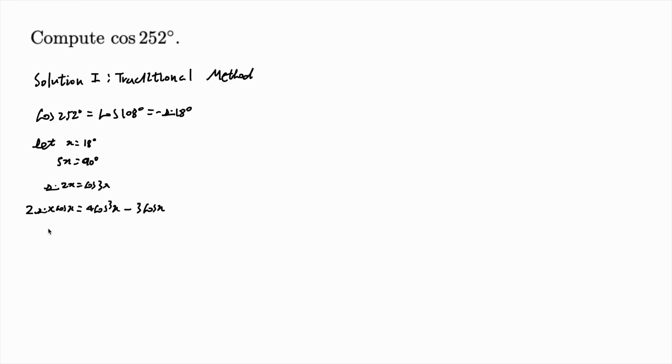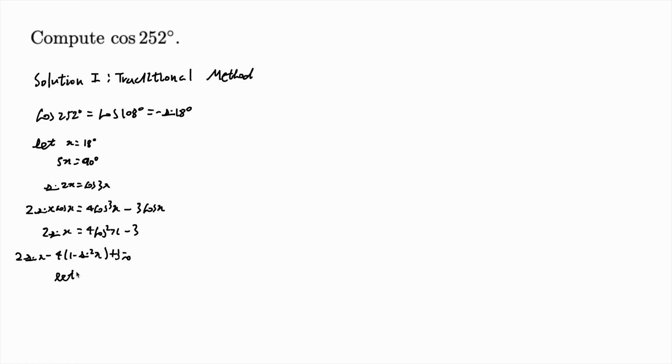So rewriting them, we have 2 sine x equals 4 cosine square x minus 3. Now let's move this while changing this. So we have minus 4 times 1 minus sine squared x plus 3 equals 0. Now it's simply a quadratic equation.